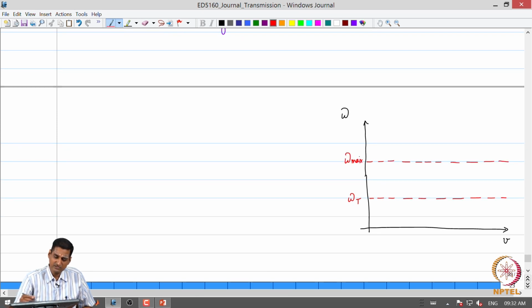Okay. So, what is going to happen is the following. In the first gear, after it comes to a baseline slip and this omega t, the vehicle speed is going to increase linearly with speed, right, because it is in the first gear.